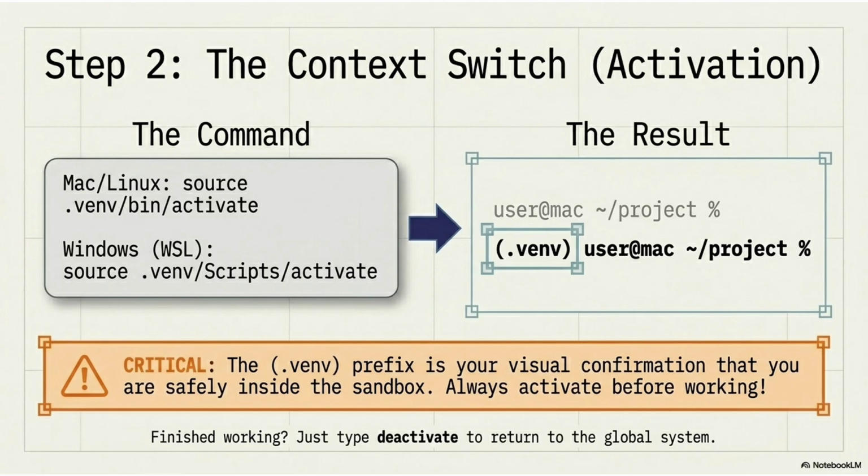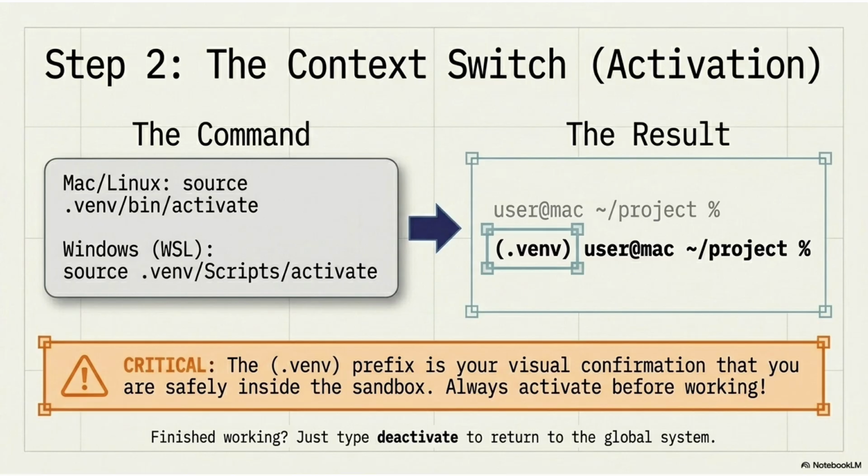This slide covers activation, the context switch that tells your terminal to use the virtual environment instead of the global. The command on Linux and Mac is source .venv/bin/activate. On Windows WSL, it's source .venv/Scripts/activate.